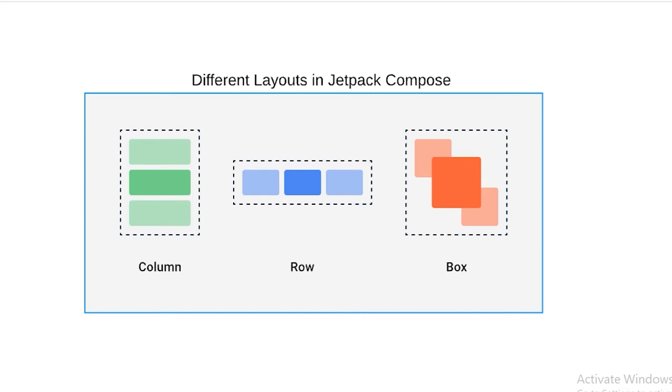And there is box layout. In that box layout we can define where we want to place the child, like top center, top bottom, bottom right, like this, or simply center of that box. So like that we can place the children of this box layout.